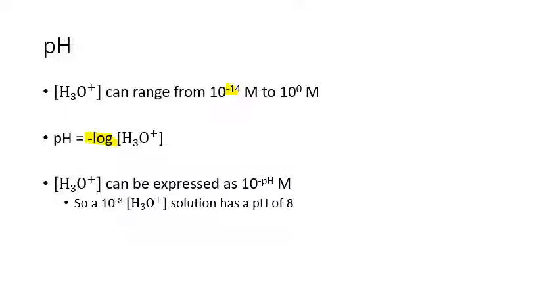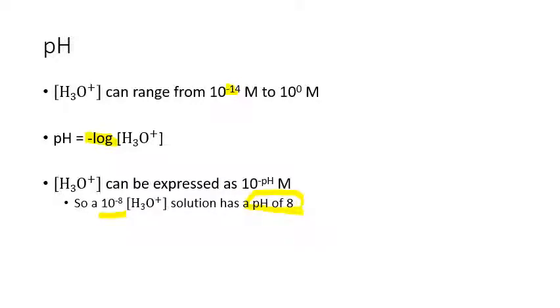So if you don't know what the pH of a sample is, it's just the negative log of the H3O concentration. If we had a sample like this one, 10 to the minus 8 H3O, well, the negative log of 10 to the minus 8 is 8. So we'd say that this sample has a pH of 8. And you can do the reaction backwards too.